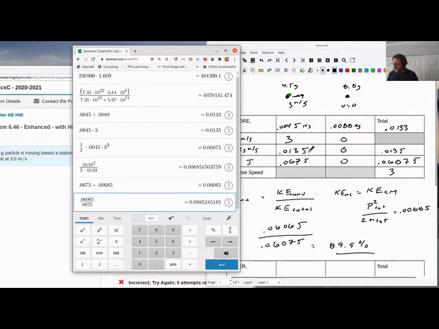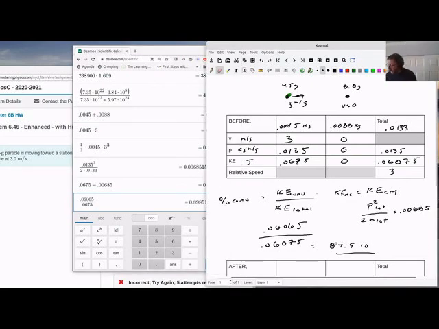Actually, it's not going to change the momentum. The momentum really is 0.0045 times 3, which is 0.0135. I think I got that one right. That's the total momentum. So the total momentum squared divided by twice the total mass: 0.0135 squared over 2 times 0.0133 gives 0.00685. Okay, so that's the non-convertible.